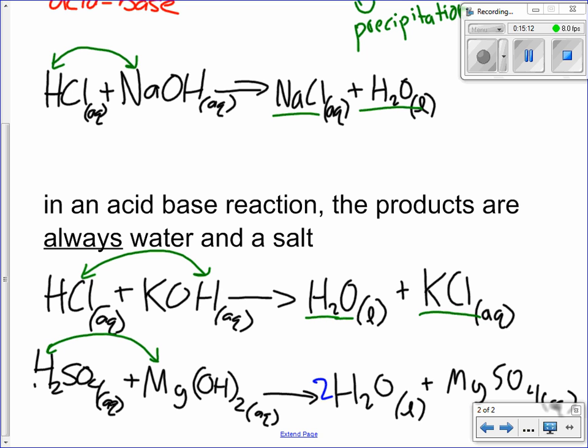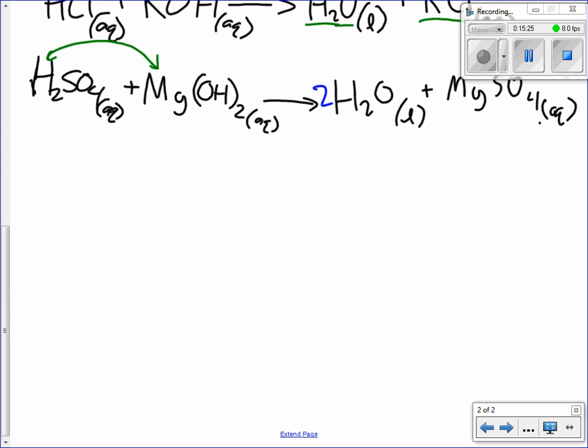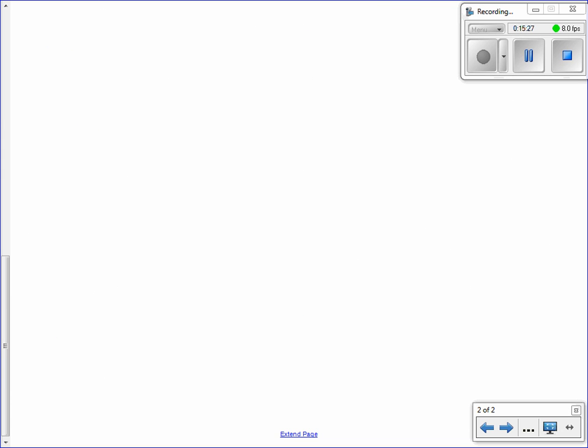I confused myself for a second there. So, sulfuric acid and magnesium hydroxide are going to make water and magnesium sulfate, which is your salt in this case. Okay. So, again, I'm going to keep saying it, for any acid-base reaction, the products are going to be water and a salt. You do it the same way as you would do a normal double replacement, but it just helps you to know the product is going to be water and salt.